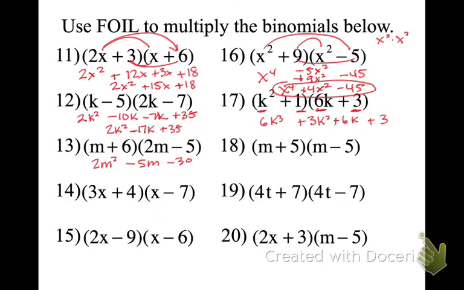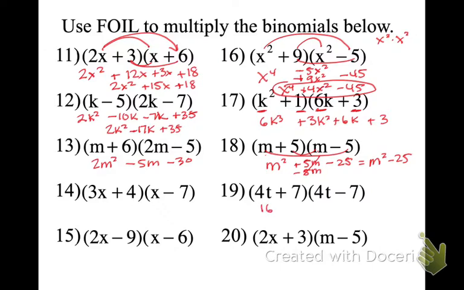I like this one. M times m is m squared. Notice this one becomes plus 5m, and the outside becomes minus 5m, and then the last one becomes 25. So these cancel out, and we're left with m squared minus 25. Same thing's going to happen here.